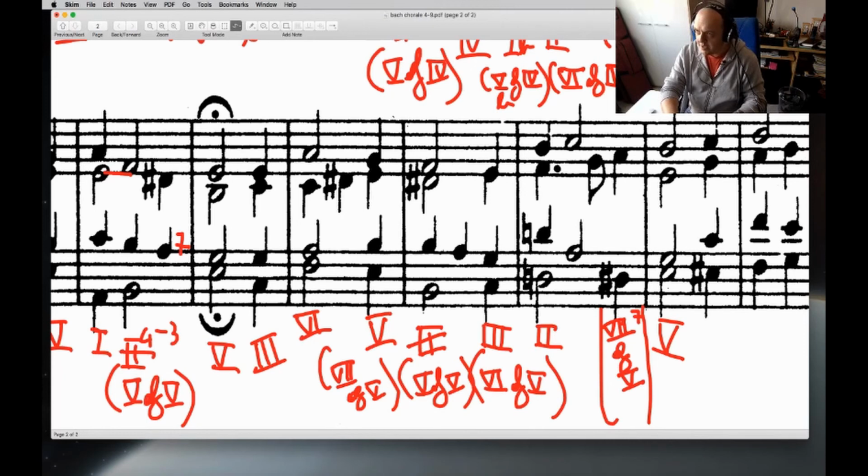Then that F sharp in the alto becomes G sharp, is just a nice passing note. And that's 7/7 of 5. So that's chord 4/7 right here. That's it. So 2, 4, 7.